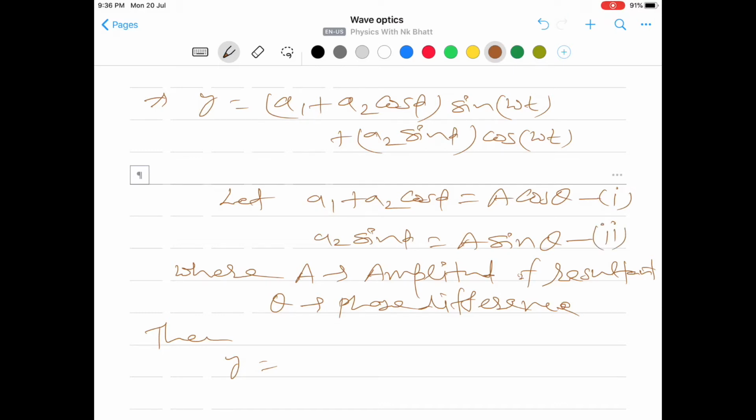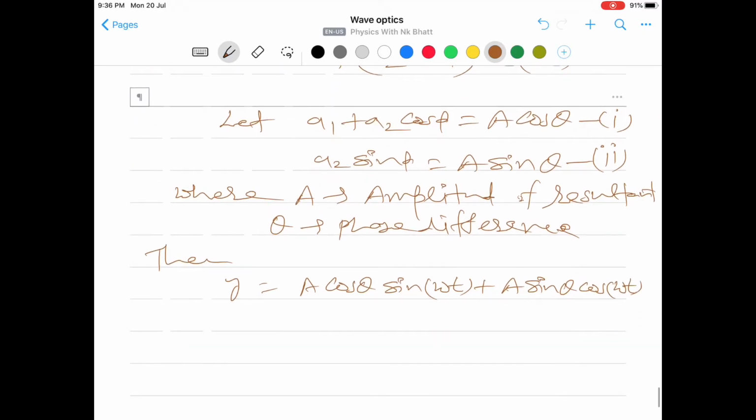Then y is equal to a cos theta sin omega t plus a sin theta cos omega t.